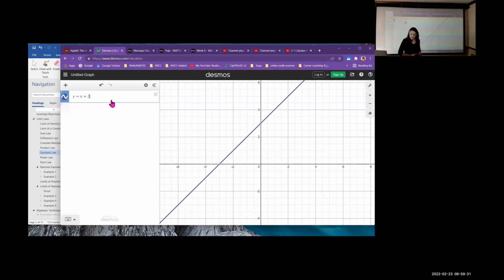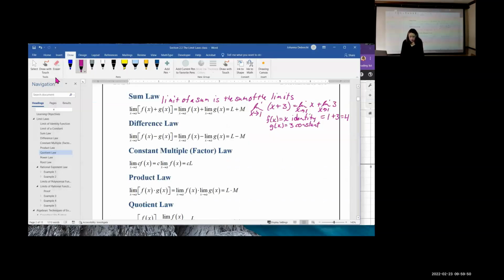If I put on x plus 3 and I'm getting close to 1, 1 is over here, right there at 4, all right? So as I'm getting close to 1 from both sides, it looks like it's going to hit 4, and it does hit 4. So it shouldn't be a surprise that the value here comes out to be 4, all right?